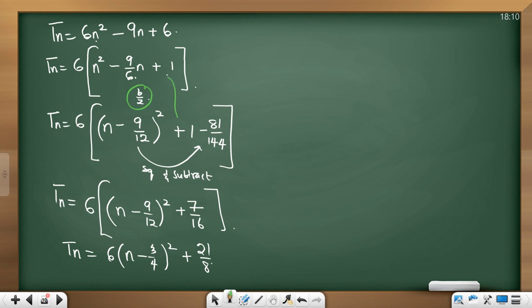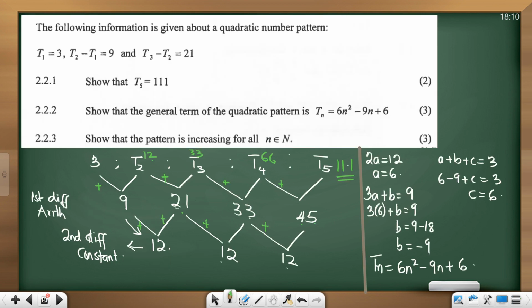Then that 1 goes out there as my constant. Square and subtract. You put 5 there, right? Do you remember what T5 was? T5 is what? You must know how to complete the square.